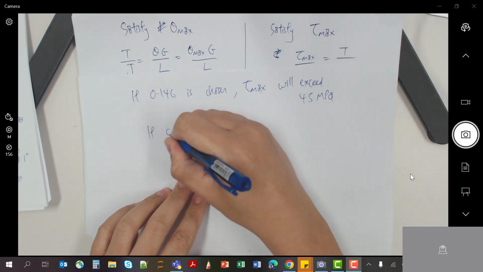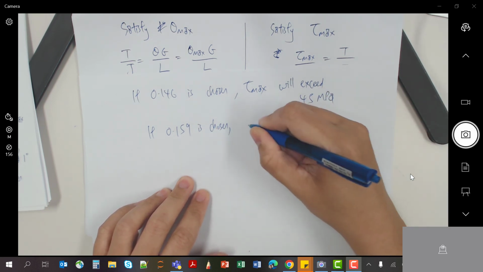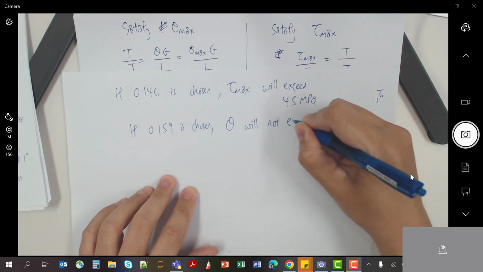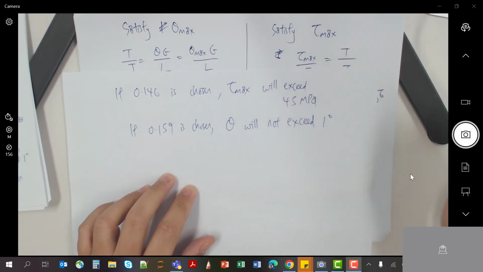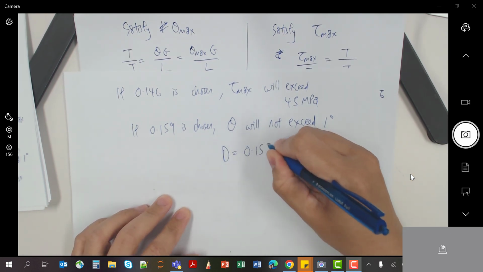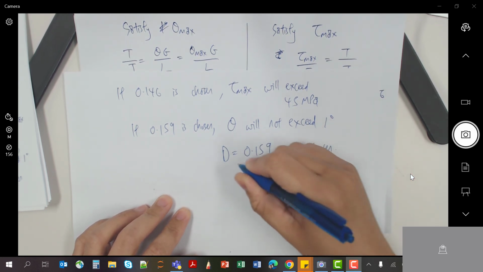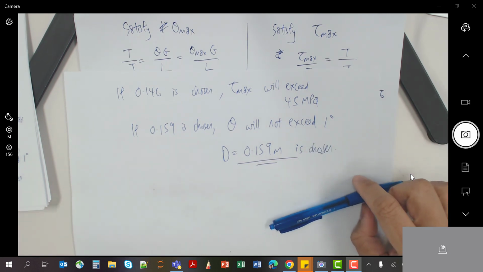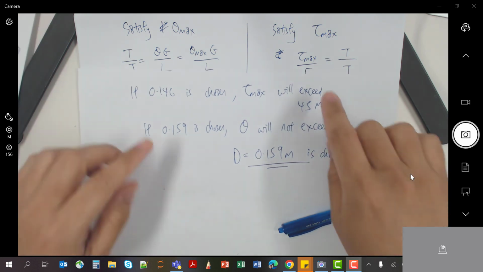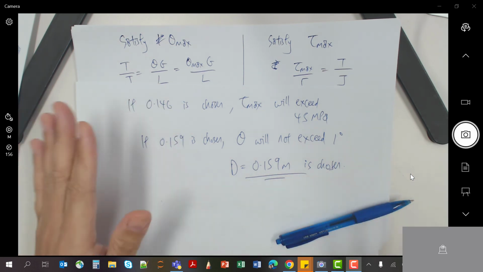But if 0.159 is chosen, the theta will not exceed 1 degree. So that is the reason why our diameter should be 0.159. So this is how you will handle this problem when two conditions need to be met. You need to choose the safer one, that both sides can meet. All right.